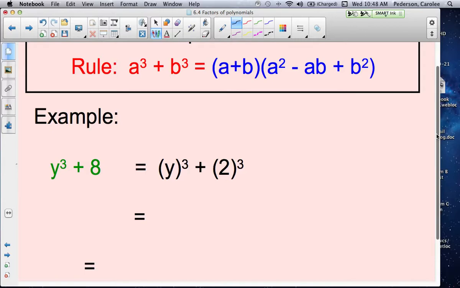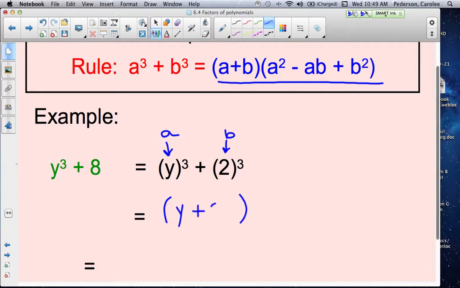Now we can go ahead and identify the a and the b. The y is my a value, and my 2 is my b value in this rule. So now I can go ahead and separate it. The first parenthesis is going to be a plus b, so y plus 2.